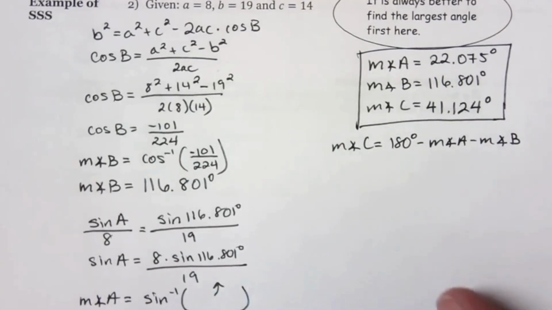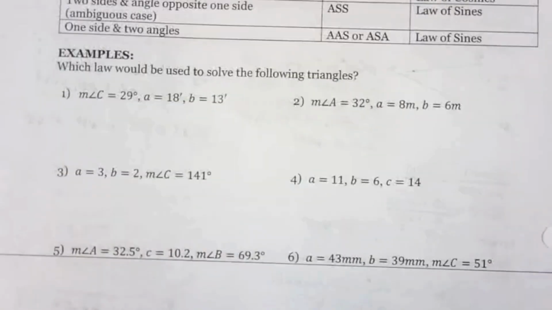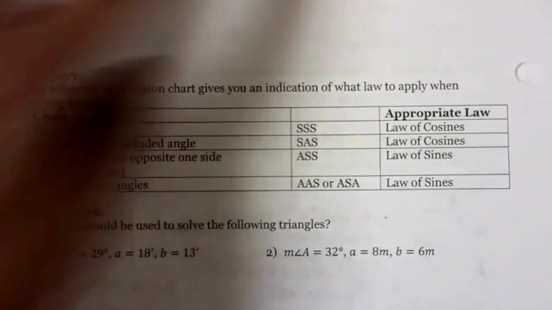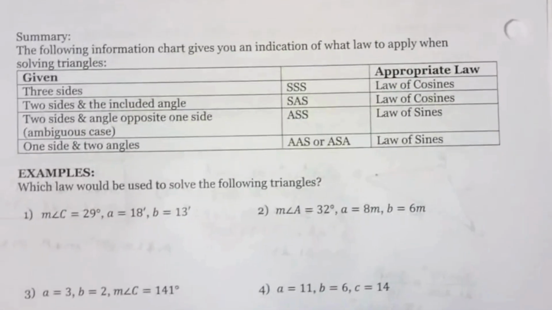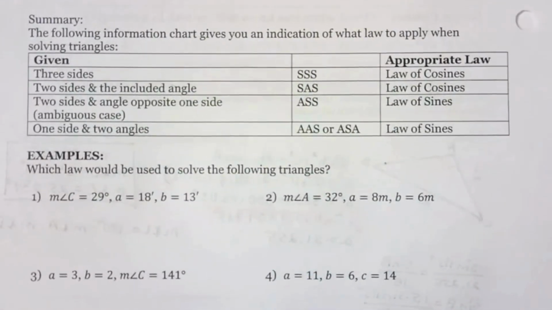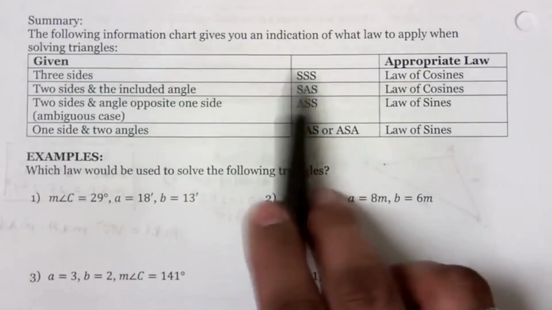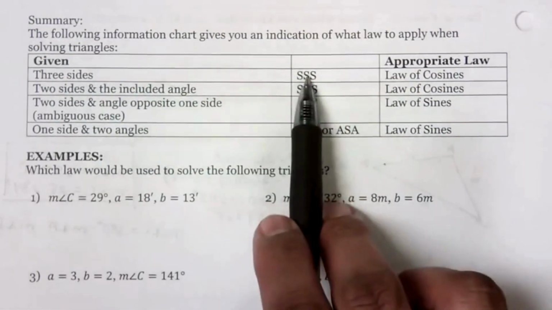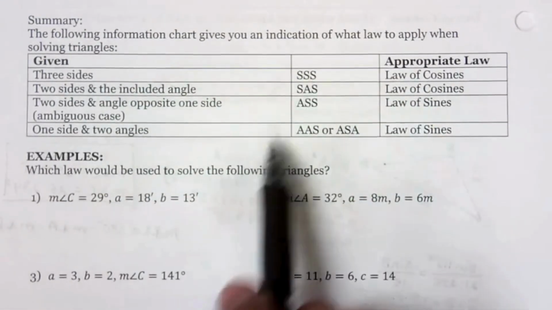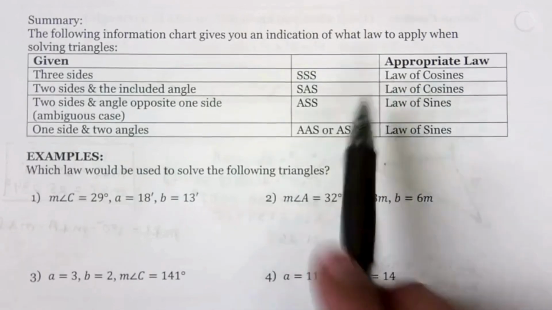All right. So we've talked about law of sines and cosines. There are certain cases where you want to use law of sines and where you want to use law of cosines. Like what we talked about on the front side, if you're given all three side lengths, you have to use law of cosines. If you're given side angle side, you have to use law of cosines.